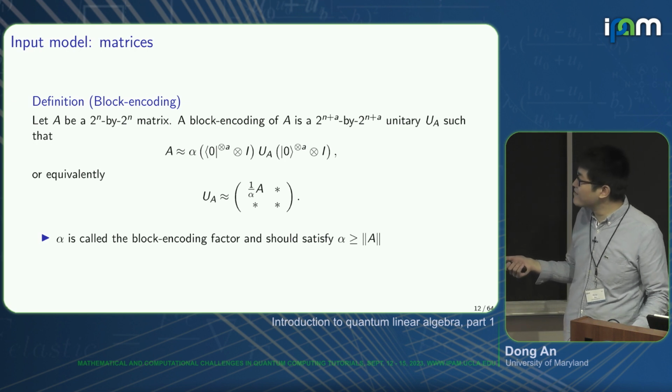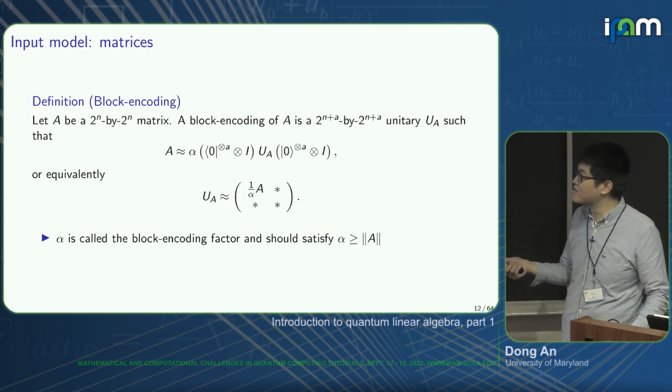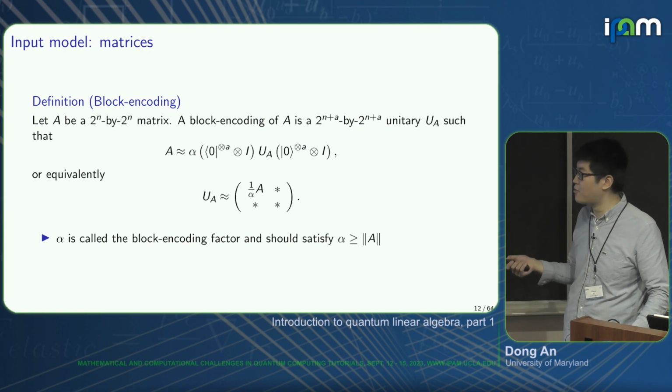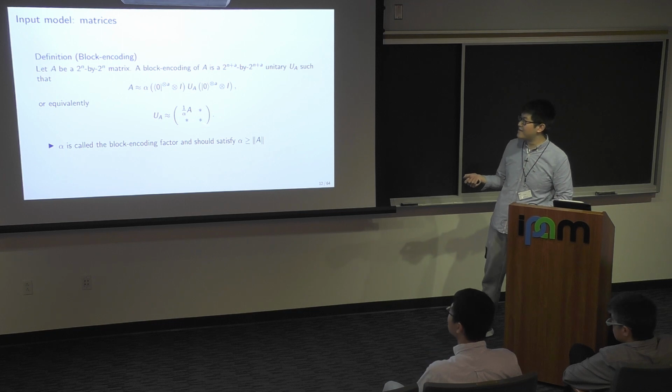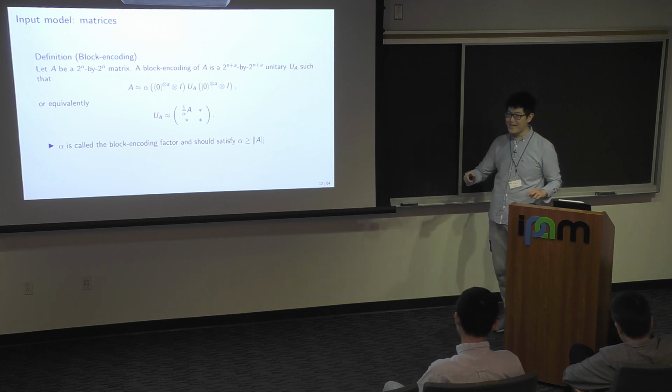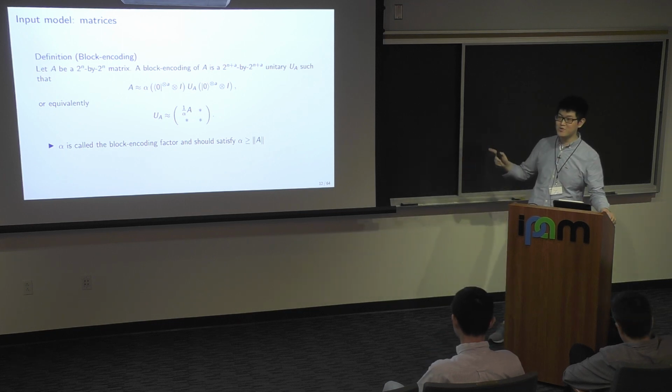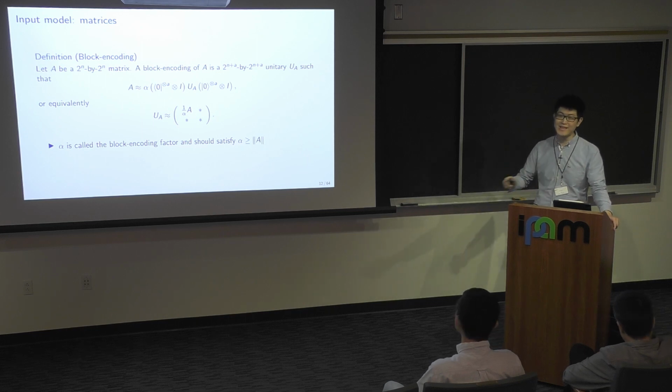So if we have a very large matrix A, to make this input model possible, we first have to rescale the matrix. This is the block encoding. In the tutorial, I will mostly assume alpha to be 1, just for technical simplicity.